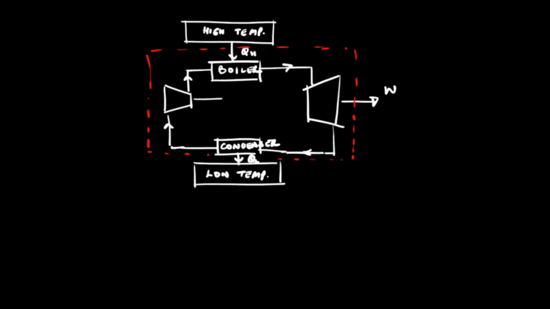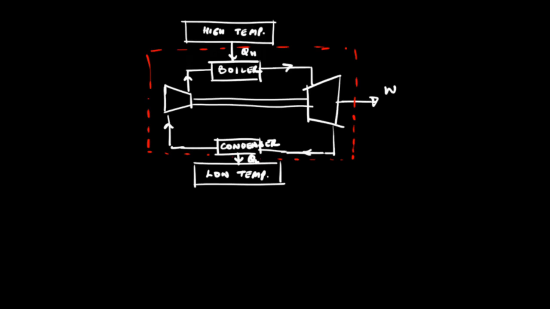And note that this compressor is also operated by the work that is partly done by the turbine. So the net effect is that you take in heat from a high temperature reservoir and dump it to the low temperature reservoir in two isothermal processes, where the temperature difference between the boiler and the high temperature reservoir is infinitesimally small, and the temperature difference between the condenser and the low temperature reservoir is infinitesimally small, and the processes within the compressor and the turbine are ideal and reversible, and there's net work output.